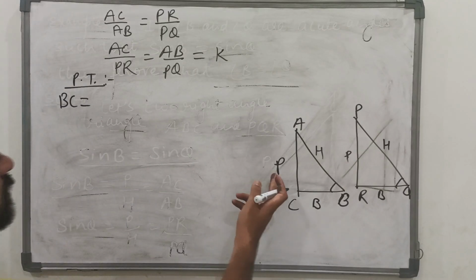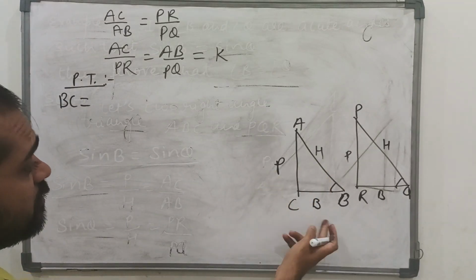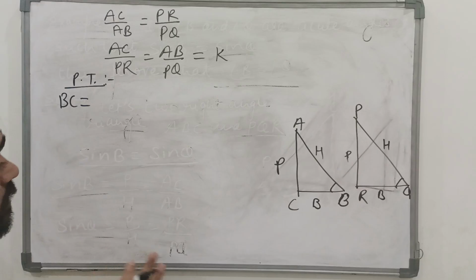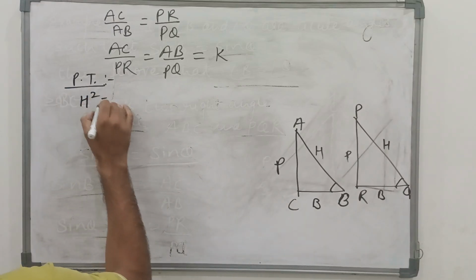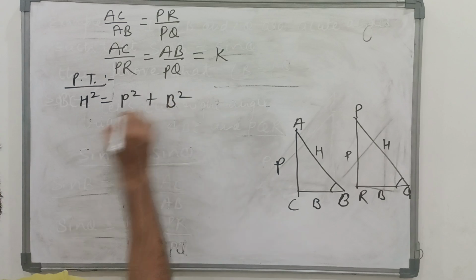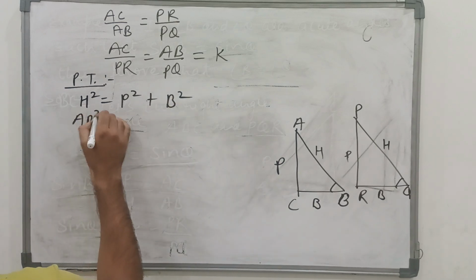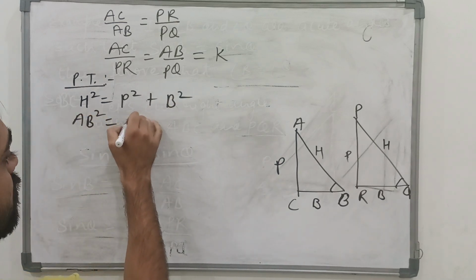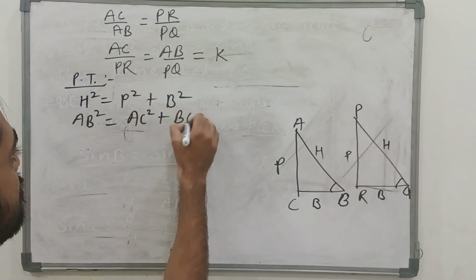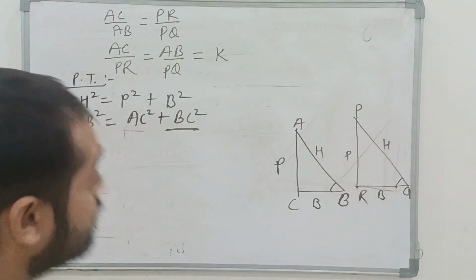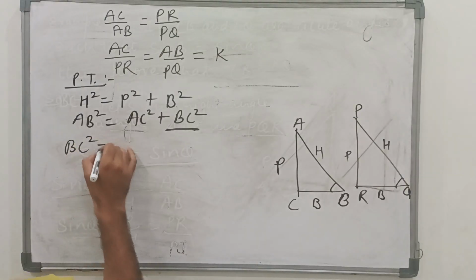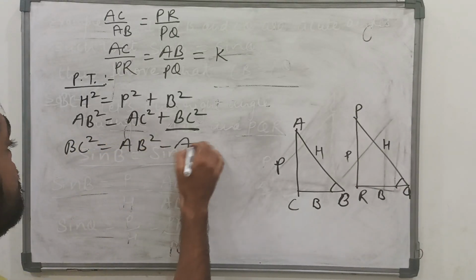Hypotenuse square is equal to perpendicular square plus base square. So hypotenuse square AB square is equal to perpendicular AC square plus base BC square. We want to find out the base BC. The BC square is equal to AB square minus AC square.